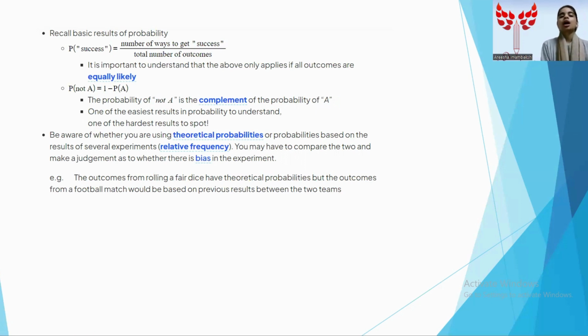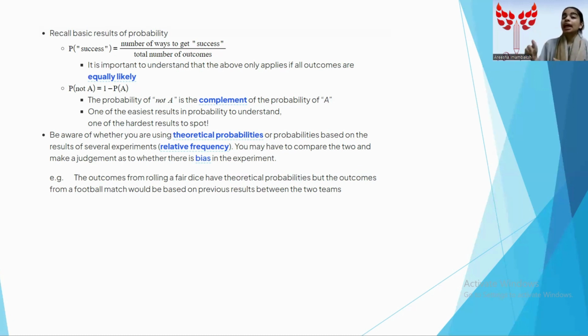All right. Okay, so basically, you need to talk about other things in your experiment as well. For example, the outcome from rolling a fair dice has theoretical probabilities, but the outcome from a football match would be based on previous results between the two teams, right? For a dice or for a coin, you can use theoretical probabilities.